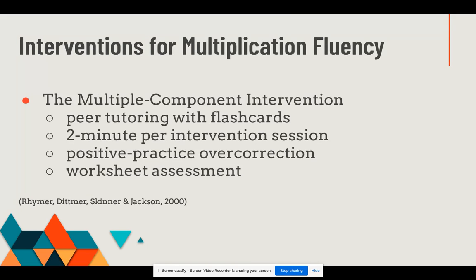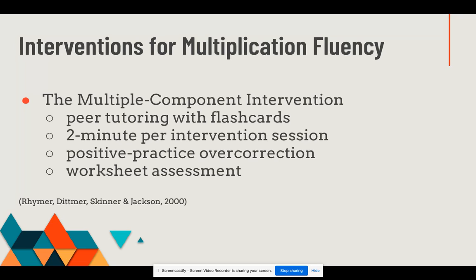The intervention we chose for multiplication fluency is a multiple component intervention. Based on the information we have, we know that peer tutoring is effective in teaching Raj to solve addition and subtraction problems. So we want to use peer tutoring to teach his multiplication fluency too. In this intervention, a peer tutor will show a flashcard to Raj, and Raj is supposed to answer the question verbally.